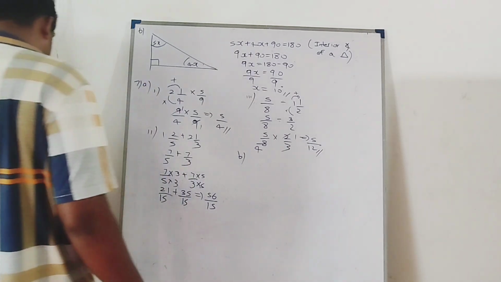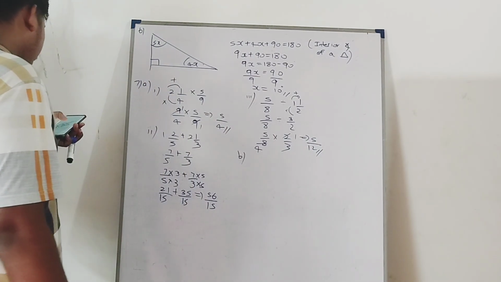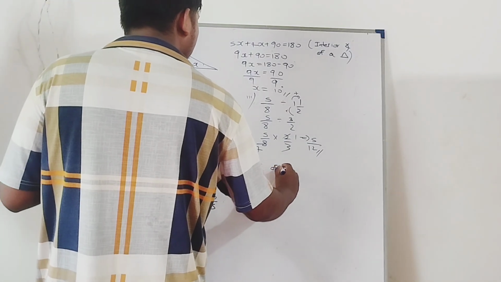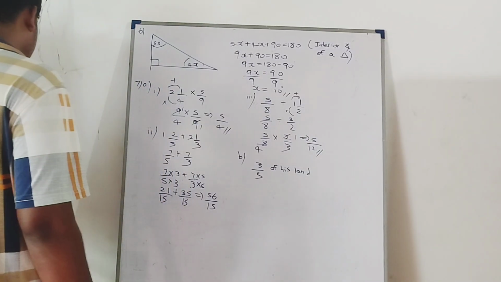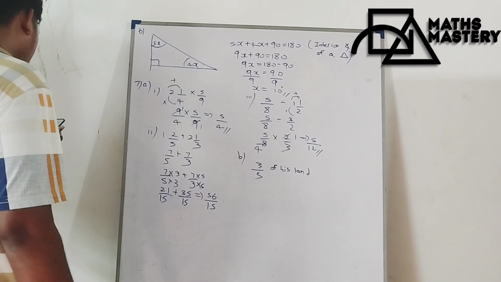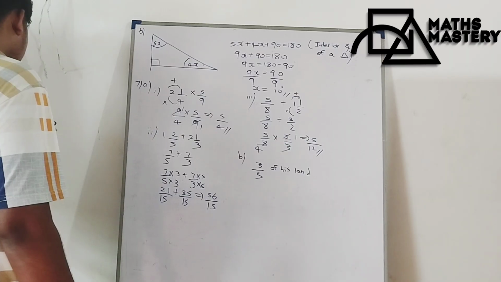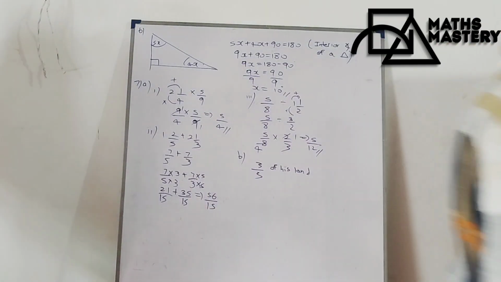Question number B. A father gave 3/5 of his land to his son. The remainder was given to his daughter. What is the fraction that the daughter has? Okay. Now students, this is a fraction related sentence type question.